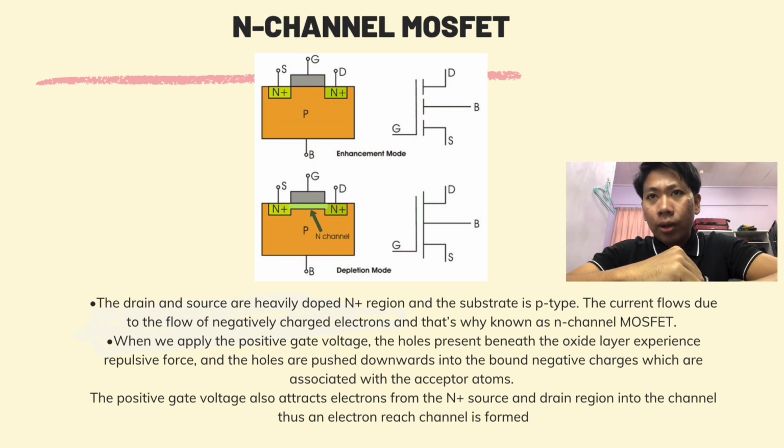And then when we apply a positive gate voltage, the holes present beneath the oxide layer experience a repulsive force and are pushed downwards into the bound negative charges which are associated with the acceptor atoms. The positive gate voltage also attracts electrons from the N-plus source and drain regions into the channel. Thus, an N-type channel is formed.